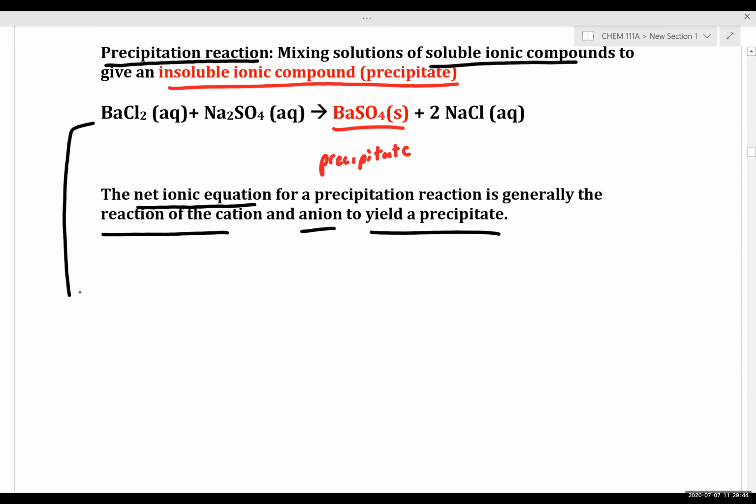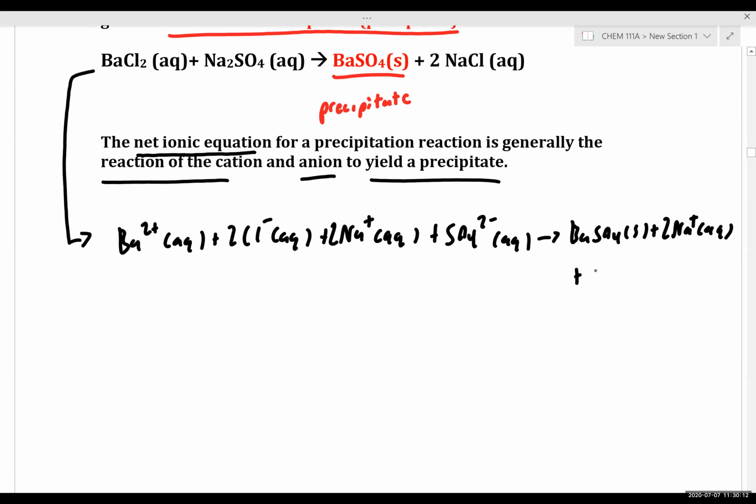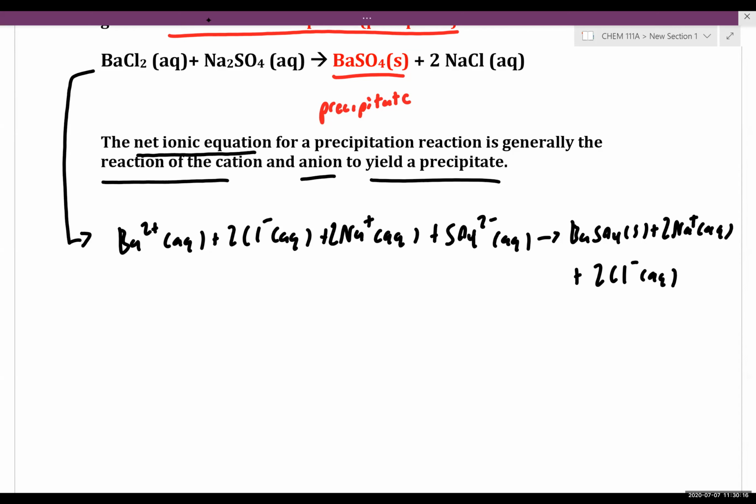So for example, if we look at the following equation, breaking apart all of our soluble ionic compounds, we get the following total ionic equation. And as you notice, our total ionic equation simplifies after we cancel out our spectators.